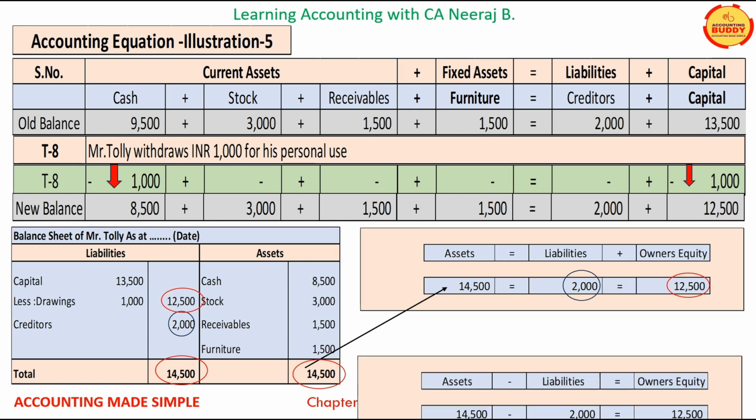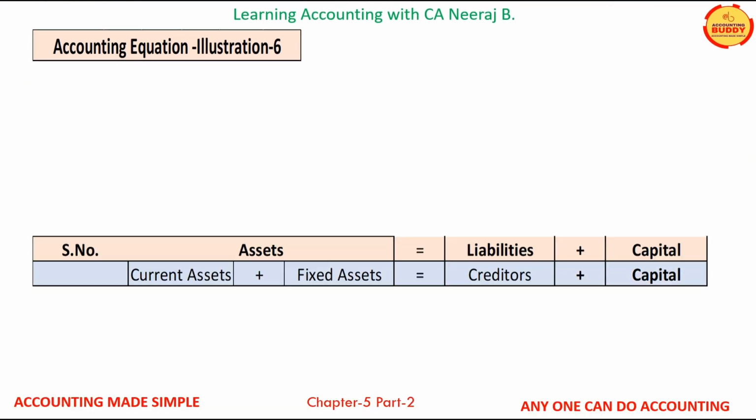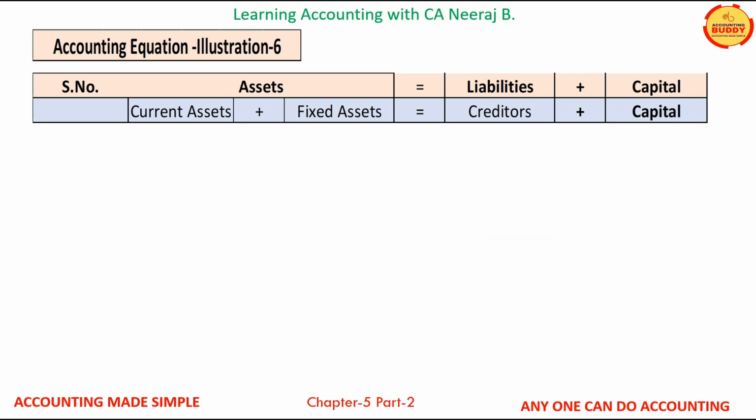Or in other words, owner's equity of 12,500 is equal to the total assets of the business 14,500 less the liabilities of 2,000. I sincerely hope we have understood the concept of accounting equation and its relationship with the balance sheet. Let us further strengthen our understanding of accounting equation with a few more business transactions.